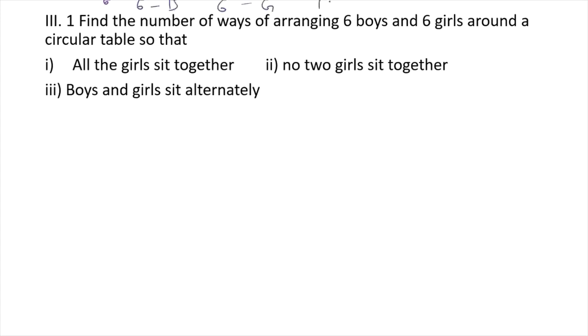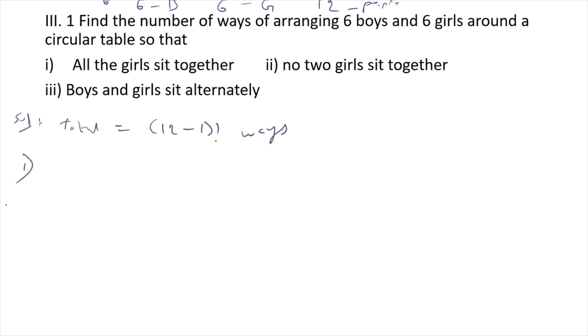So total we have 12 people. Now if there are no restrictions, then we can arrange these 12 people around a circle in 12 minus 1 factorial ways. Total is equal to 12 minus 1 factorial ways.